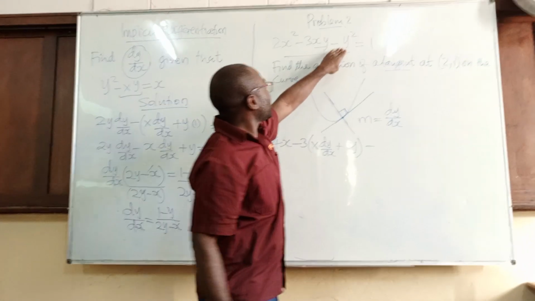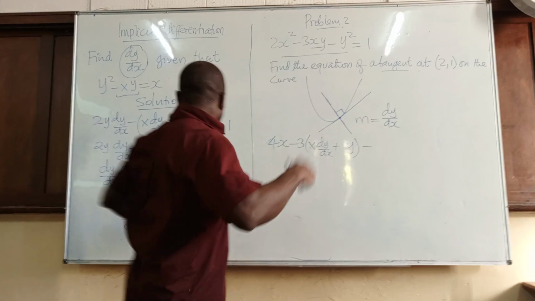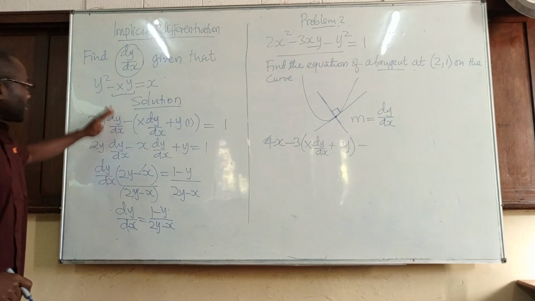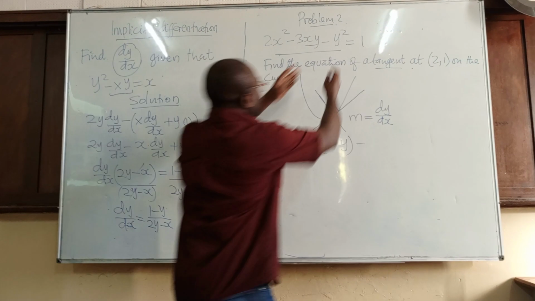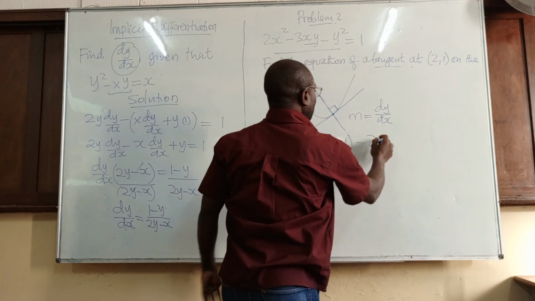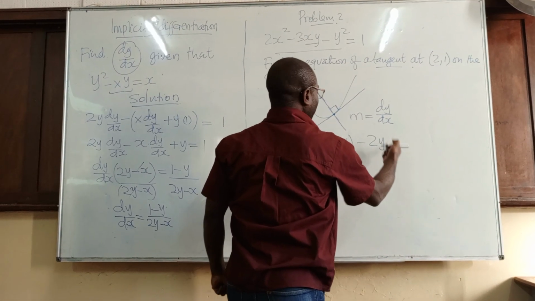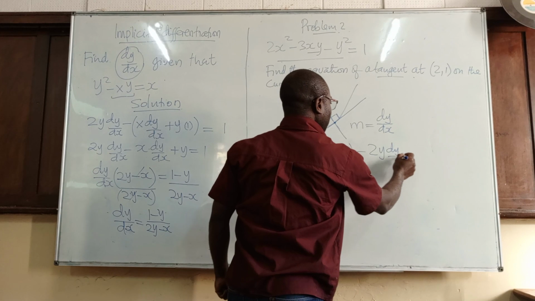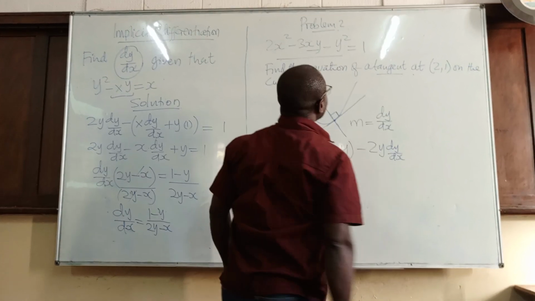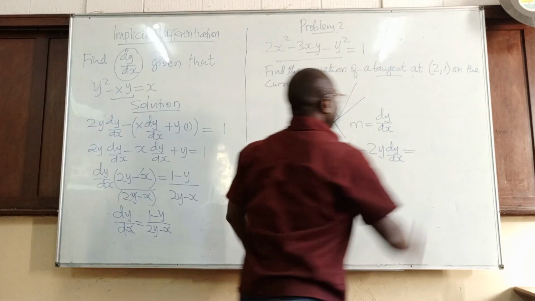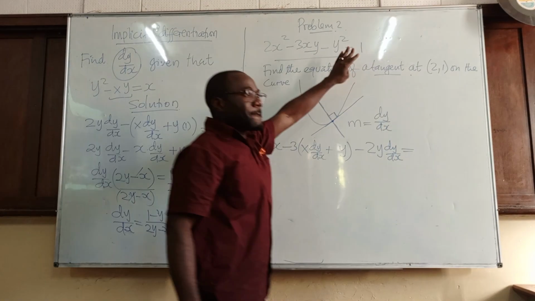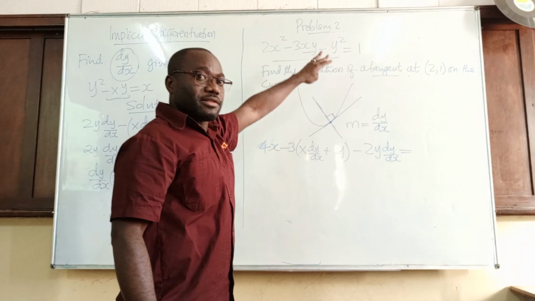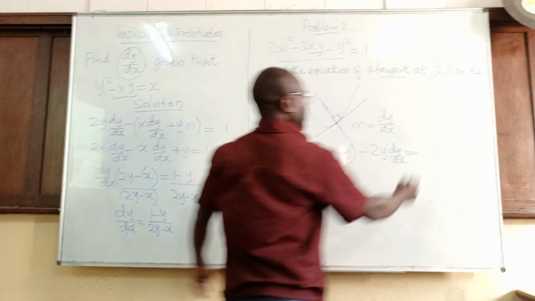Now differentiating this is similar to what we did earlier. This becomes 2y, but we're differentiating y, so we attach the dy over dx. The last one is to differentiate a constant, and we know the derivative of a constant is 0. So there's nothing there.